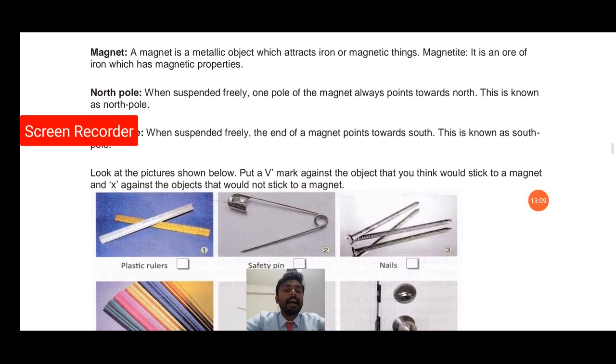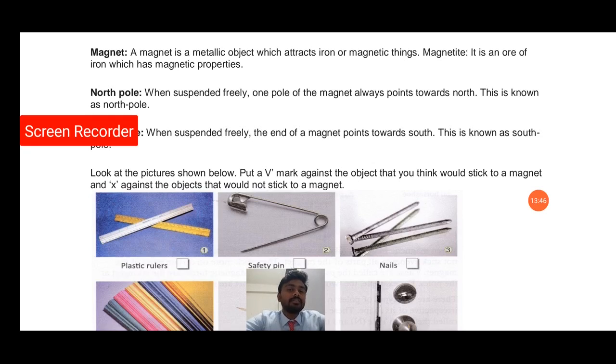You can see magnets. So what is a magnet? A magnet is a metallic object which attracts iron or magnetic things.